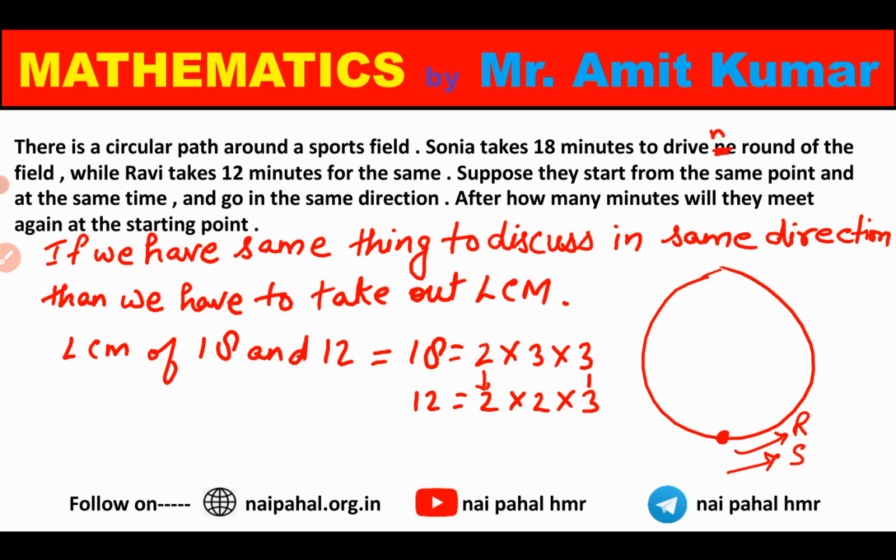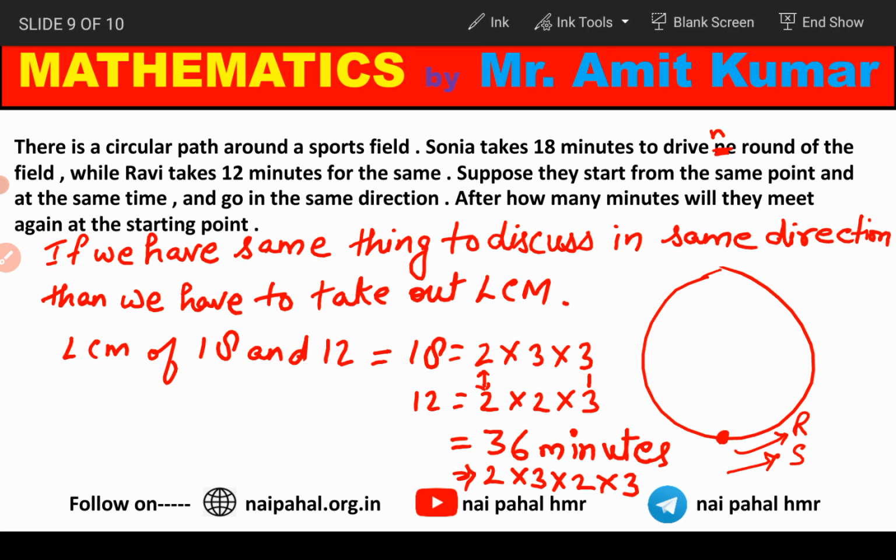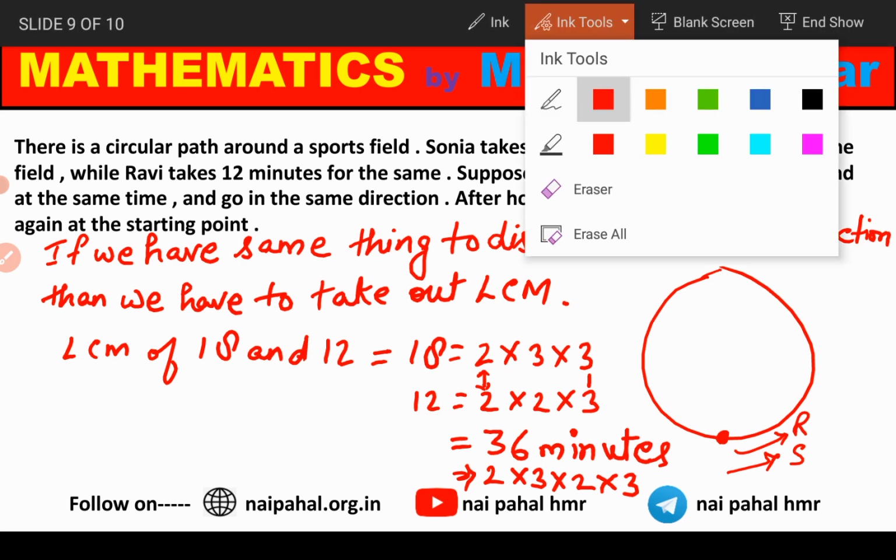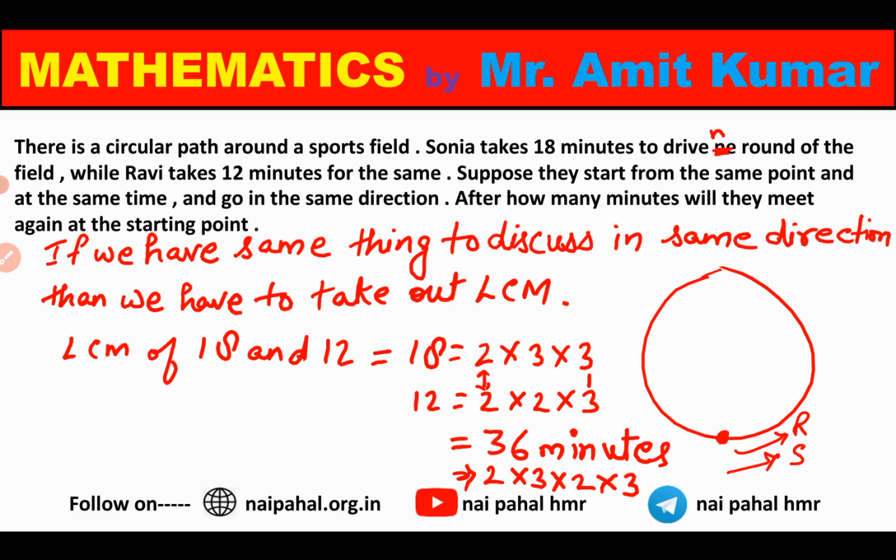This is also in common. 2 2s are 4 and 4 3s are 12, 12 3s are 36. 36 minutes. How does it come? 2 in common, 3 in common, 2 not common and 3 not common. So it comes to 36.